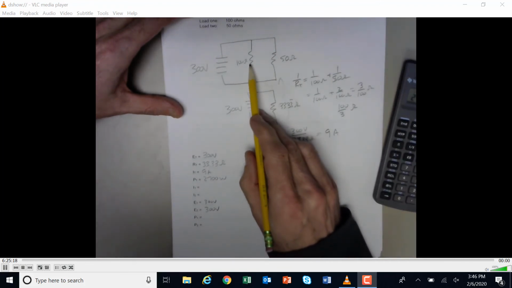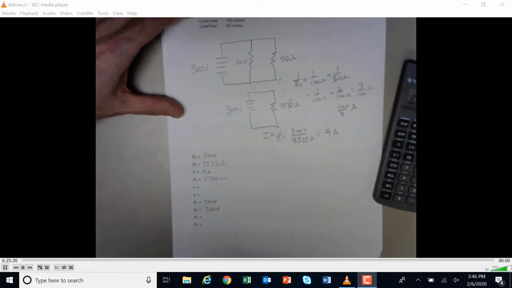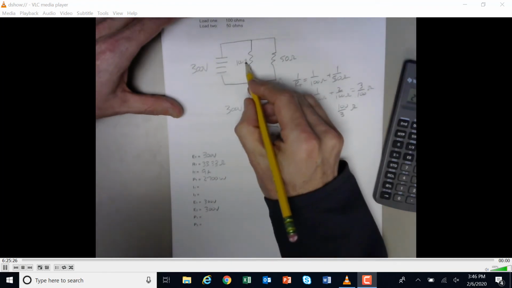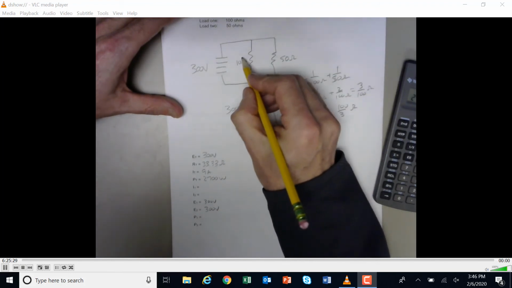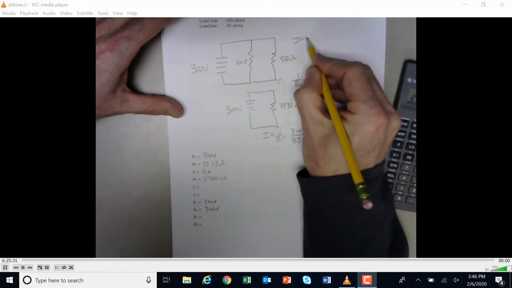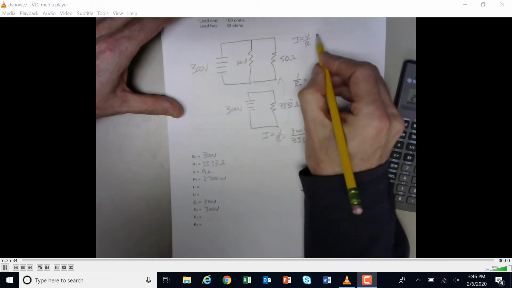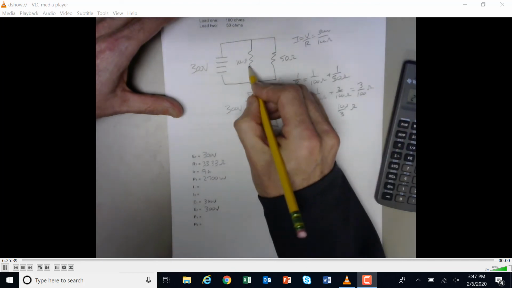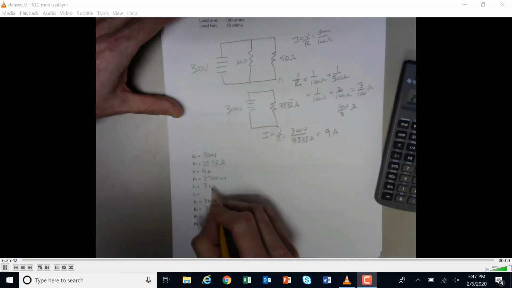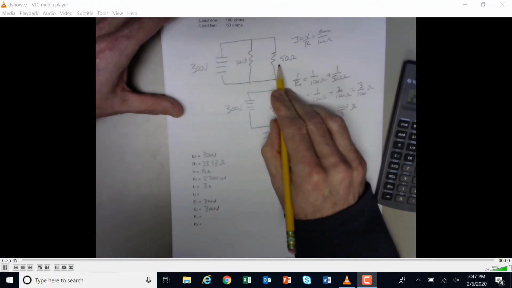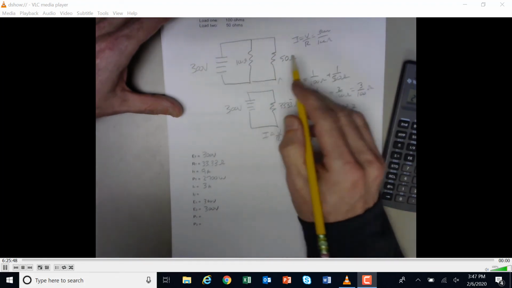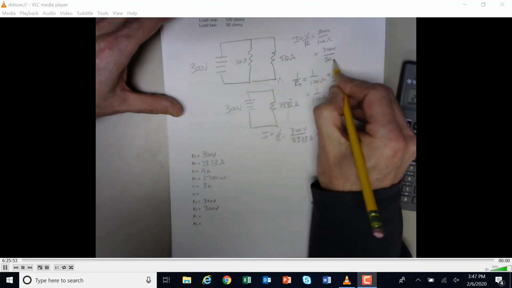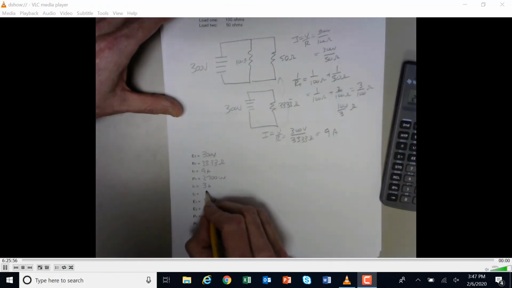So at this point, I know R and V, and I'm trying to get I. So I is V over R. So if I take the first one here, I equals V over R, which is 300 volts over 100 ohms. It looks like this would be 3 amps. And the second one here, I is V over R. So in this case, it's 300 volts over 50 ohms, which is 6 amps.